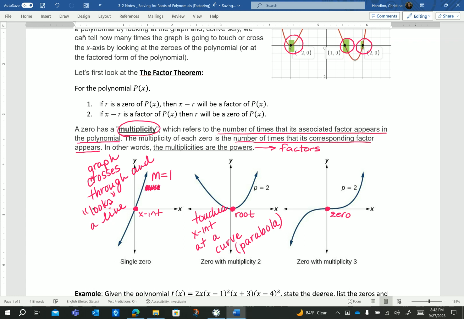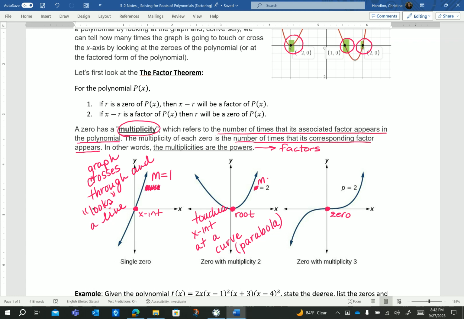That means the multiplicity is going to be a 2, okay? Think of it. A line, think of your section 3.1. A line has a power of 1. A parabola has a power of 2.